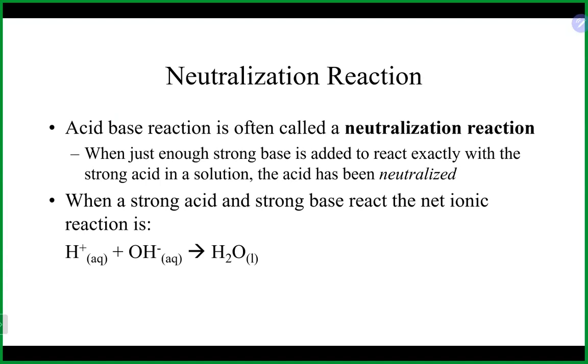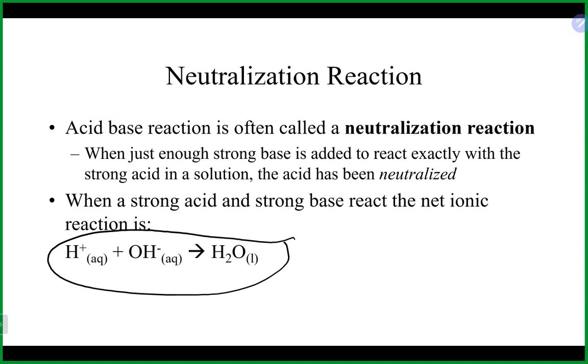Overall, what is happening when we do an acid-base neutralization reaction, and especially a strong acid and strong base, if you go through our total ionic equation and net ionic equation, is the formation of water, like we talked about when we discussed different types of reactions. And again, that's one of the reasons why a reaction takes place, the formation of water.